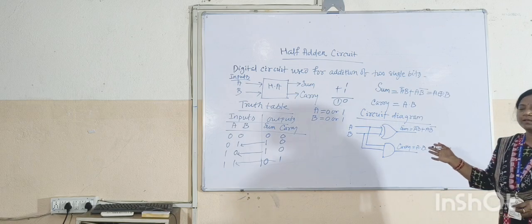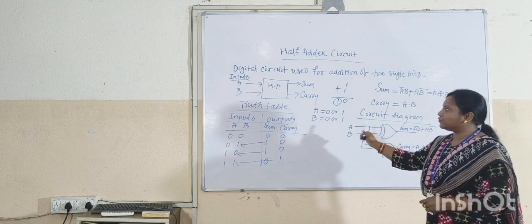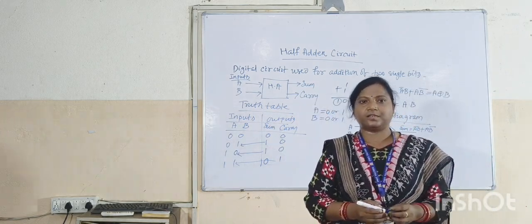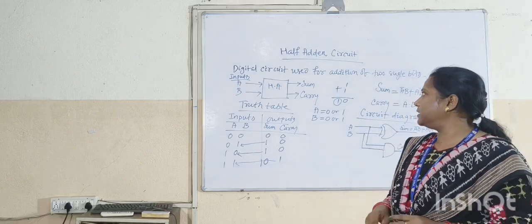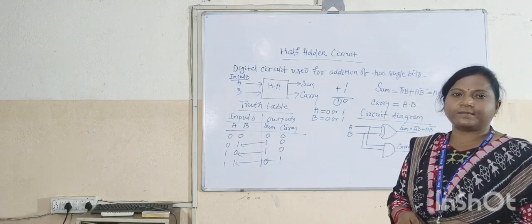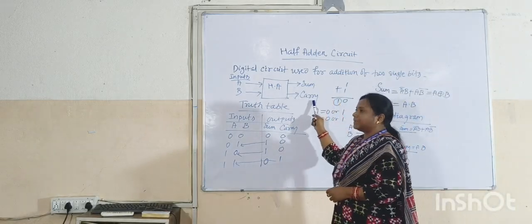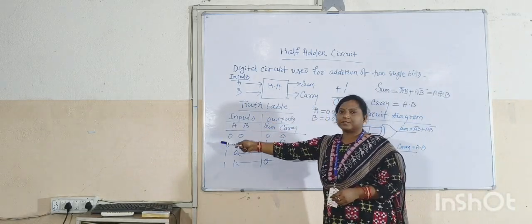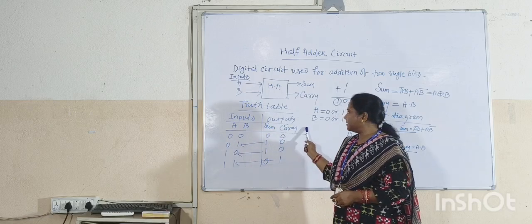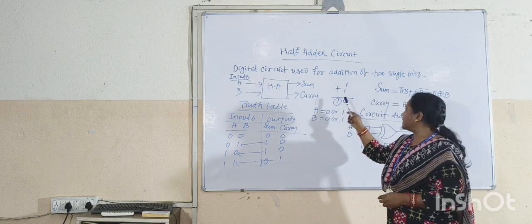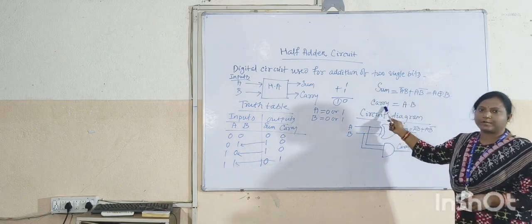So this is the circuit diagram, this is the truth table, and this is the block diagram of a half adder circuit. In the case of a half adder we need two single bit inputs, and we are getting two outputs, sum and carry. The possible combinations of input and output can be seen from this truth table, and from this truth table we can get the output expressions of sum and carry.